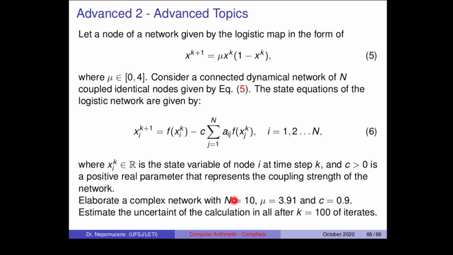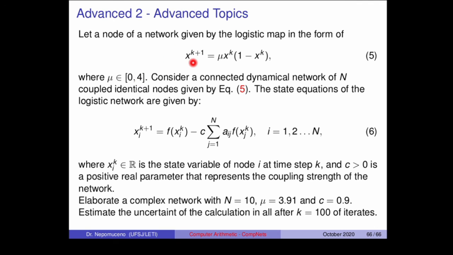So let the network be given by the logistic map in this form. This is an advanced topic, and it is taken from one of the papers that you can have a look at. So what does it mean? Here you are going to see a complex network of logistic maps.